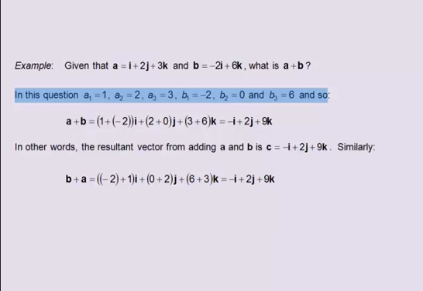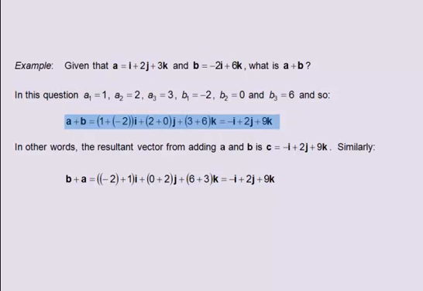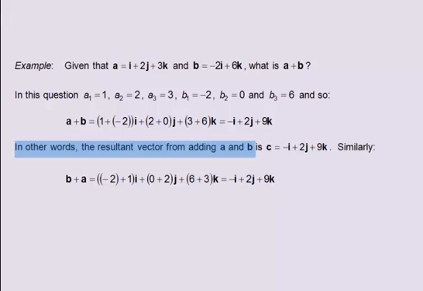And so, A plus B equals (1 plus minus 2) i plus (2 plus 0) j plus (3 plus 6) k, which equals minus i plus 2j plus 9k. In other words, the resultant vector from adding A and B is C equals minus i plus 2j plus 9k.